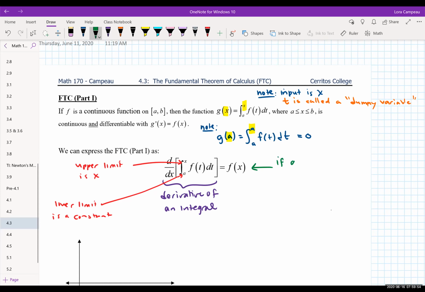So if a function is integrated, and then the result is differentiated, we get the original function back.